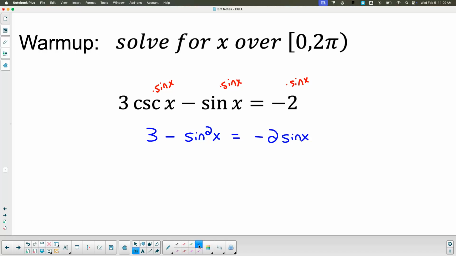Agree with that? Okay. Now I want to get everything on one side, equal to 0. I'm going to the right with everything. So I'm going to have 0 equals positive sine squared of x minus 2 sine of x minus 3.